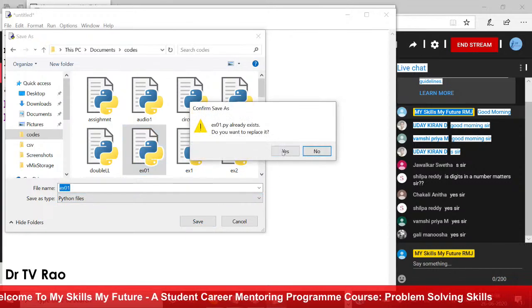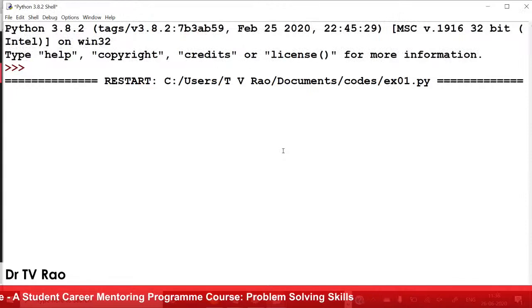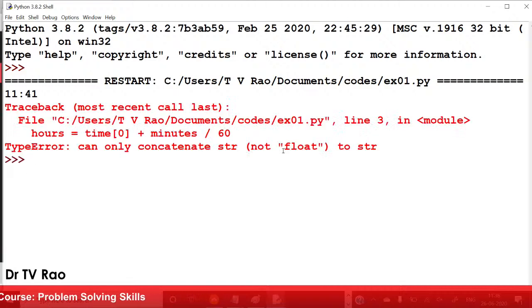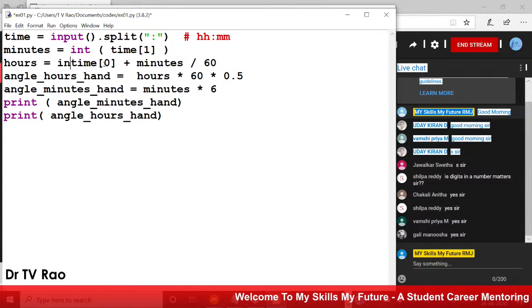The time is 11:41. Okay, what happened? I'm sorry, I should have converted this to integer. Now time is 11:41.